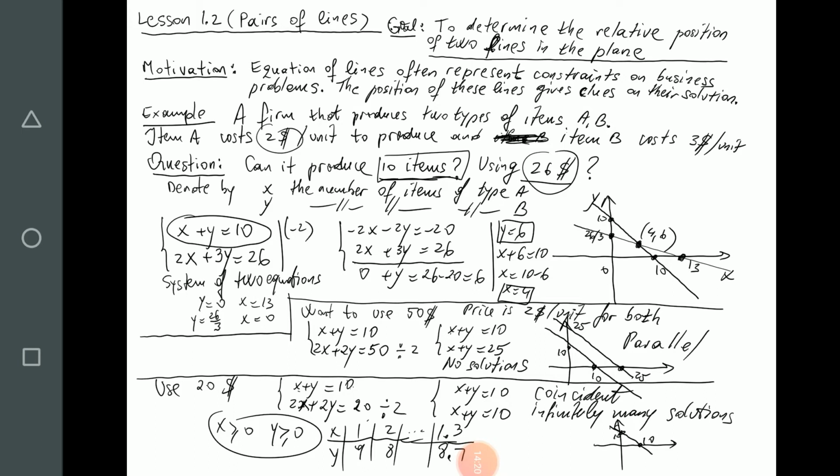So on the second page, let's actually write down these three situations, intersecting, parallel, and coincident, in terms of a formula, if you want. Because let's see how we figure out in general the position of two lines, kind of like a small algorithm, if you want.